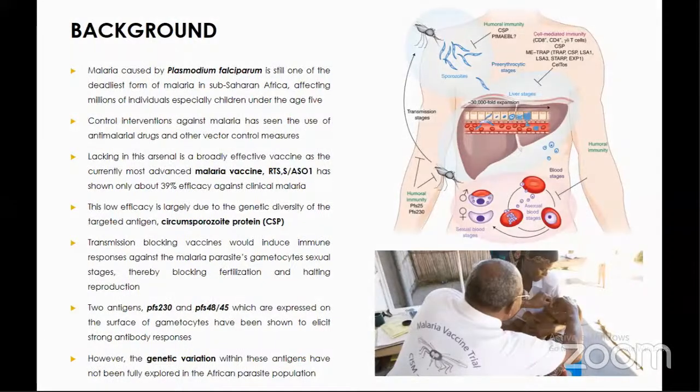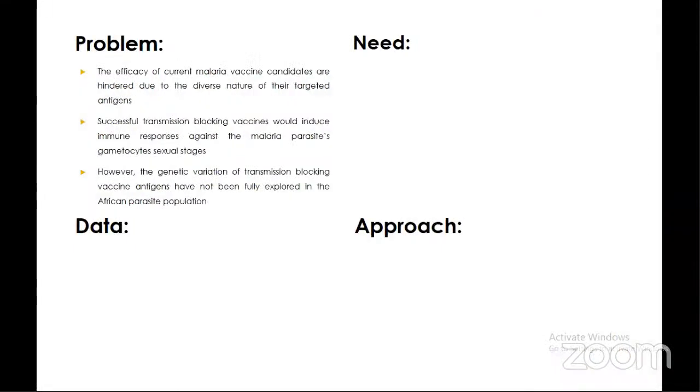So the problem: the efficacy of current malaria vaccine candidates is hindered by the diverse nature of their target antigens. A successful transmission blocking vaccine will induce immune responses against the sexual stages of the malaria parasite, the gametocytes.